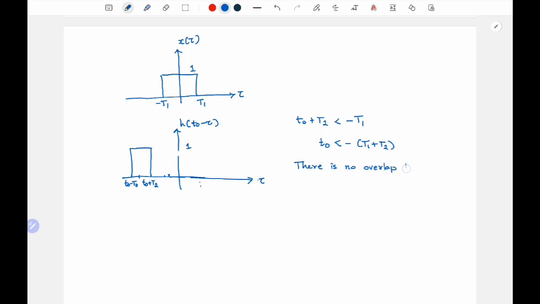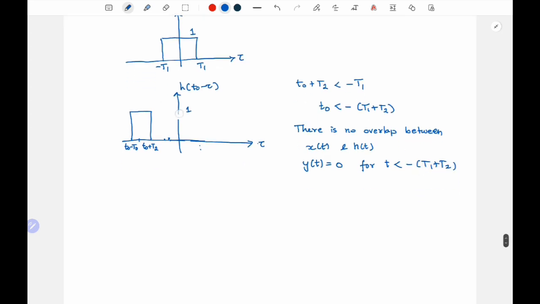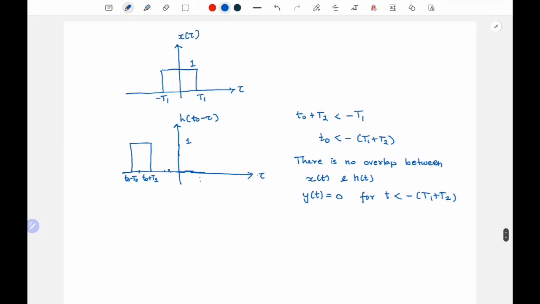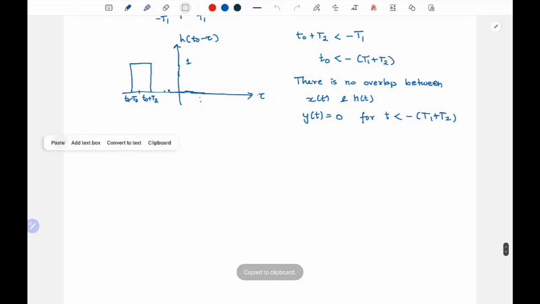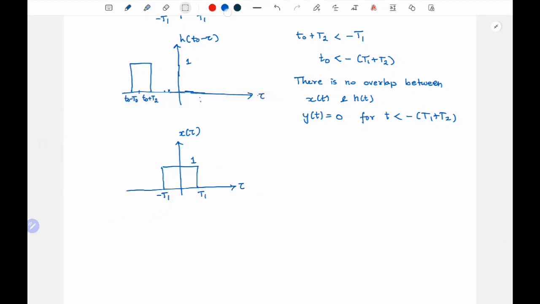between x of t and h of t. So y of t will actually be 0 for t less than minus t1 plus t2. So in the next condition, let us see. So this is going to be the same. Okay.